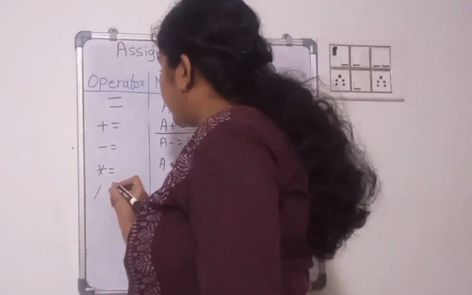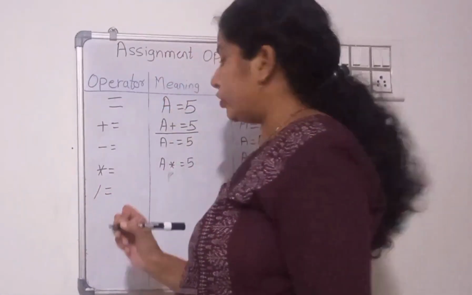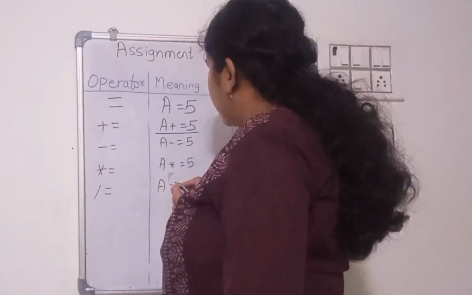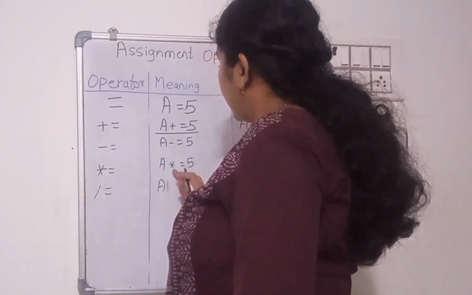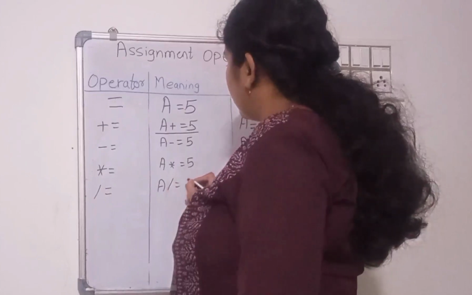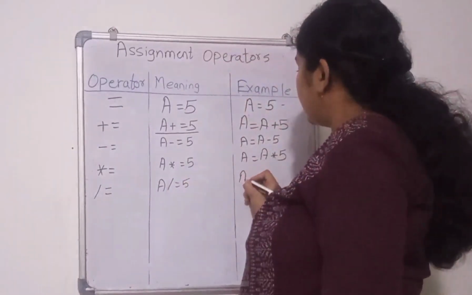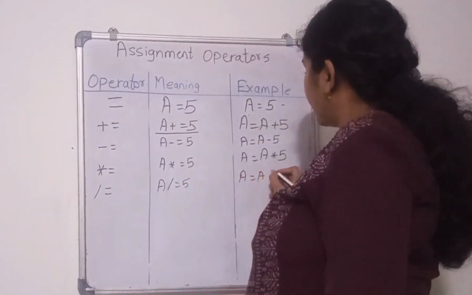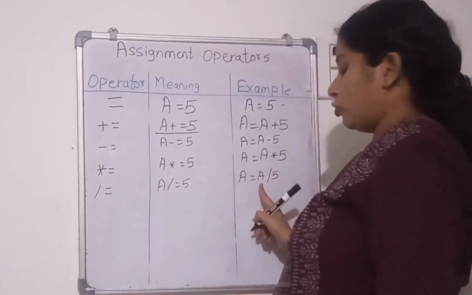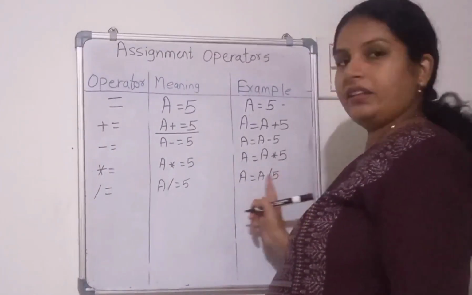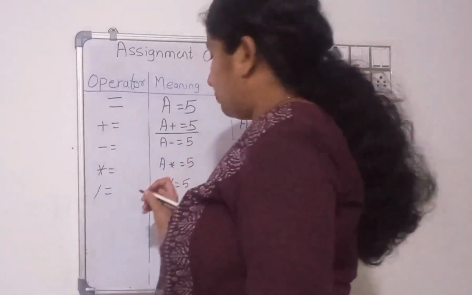Then the division operator, division equal to: a /= 5 can be written as a = a / 5. So your a value will be divided by 5 and the result will be stored in a.